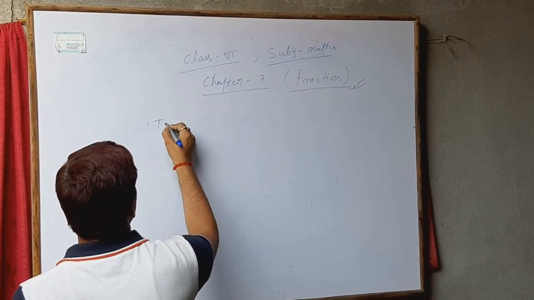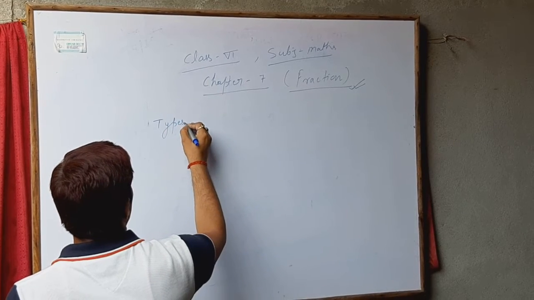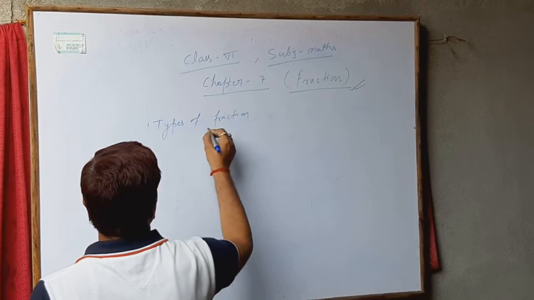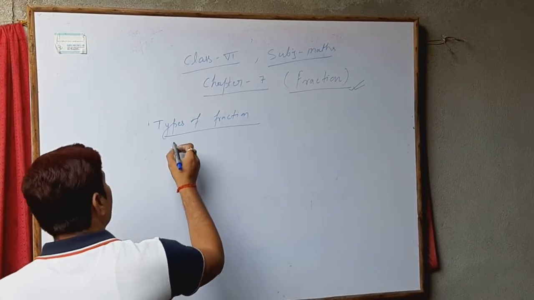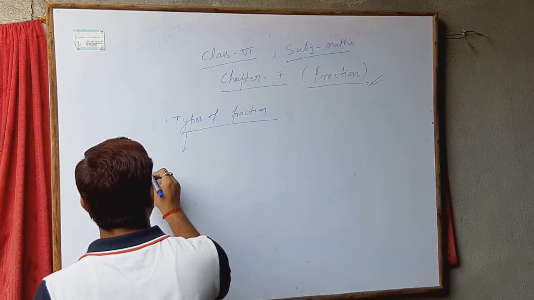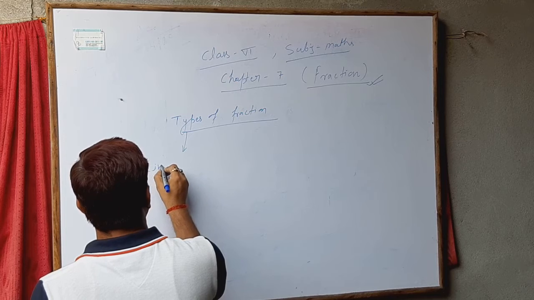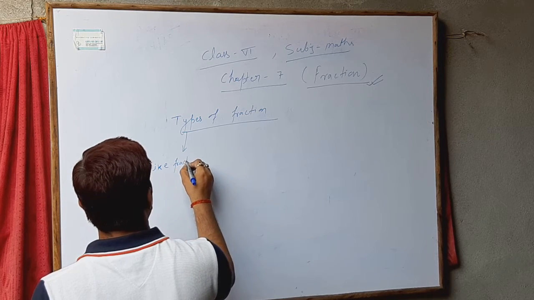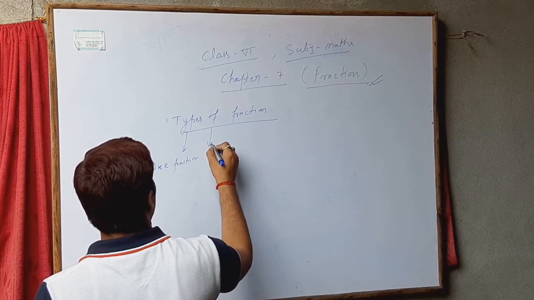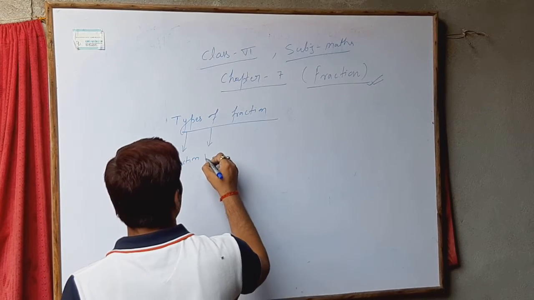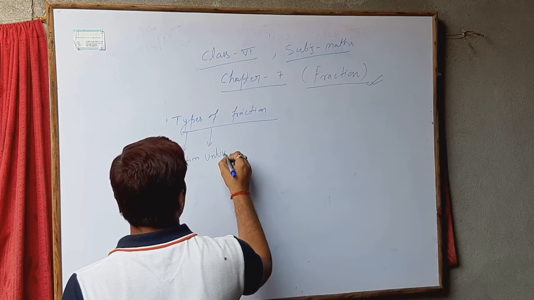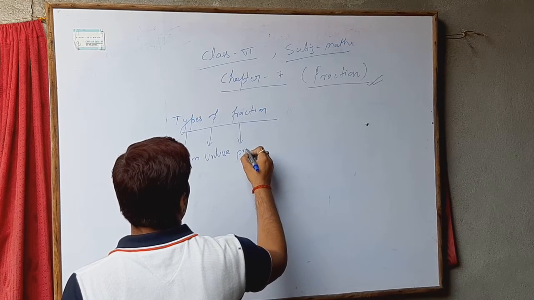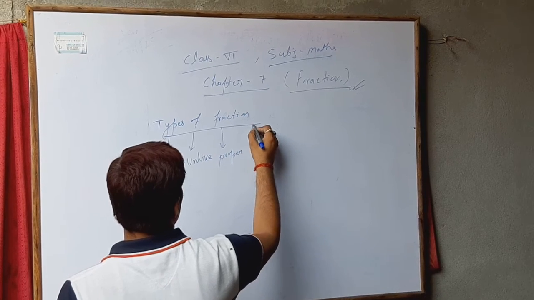Now we will see types of fraction. Now types of fraction, you see, first one is like fraction. Now unlike fraction. Now third one is proper fraction.